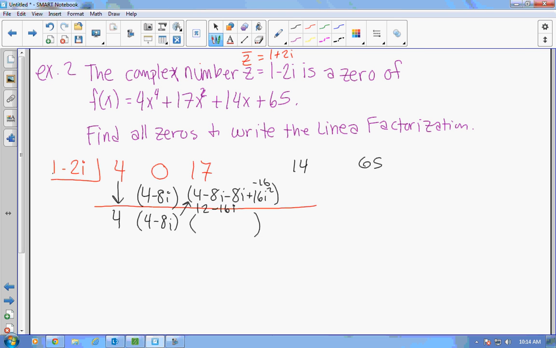But 17, does it add to the 12 or does it add to this negative 16i? Yeah, because it's a real number, so the real piece plus the real piece. 17 plus 12, yeah? Oh, yes, thank you. It is negative because that was a negative 12. Good catch. 17 minus 12 makes 5. Minus 16i.